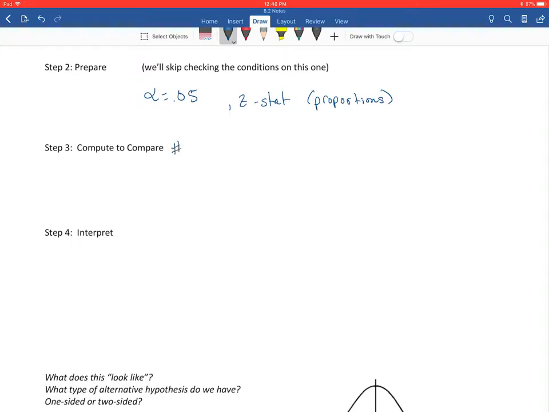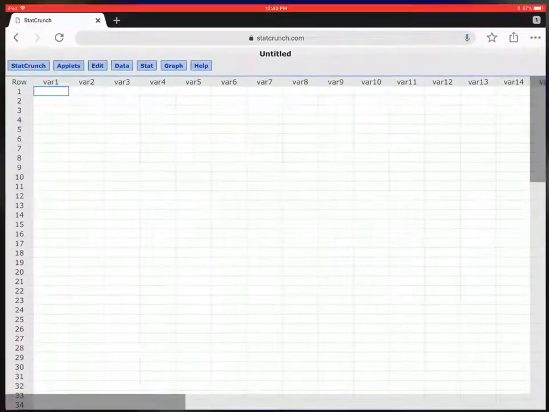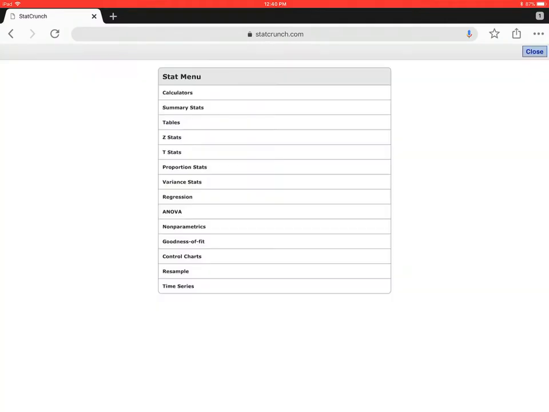Okay, now we're going to rely on StatCrunch to do the actual computation for us, but we need to tell it the number of successes and the number of observations. So the observations were the 1,927 men that were asked, and the successes were the 680 who said yes. We're going to go to StatCrunch and run this and record what the Z and the P are.